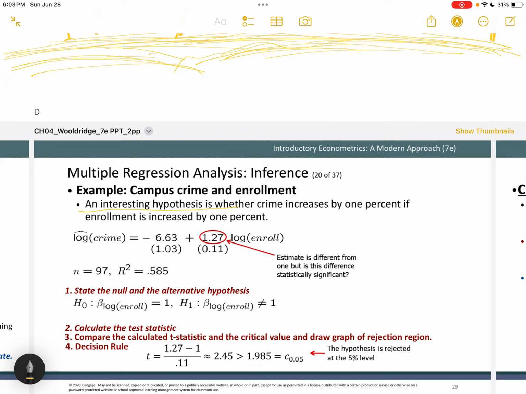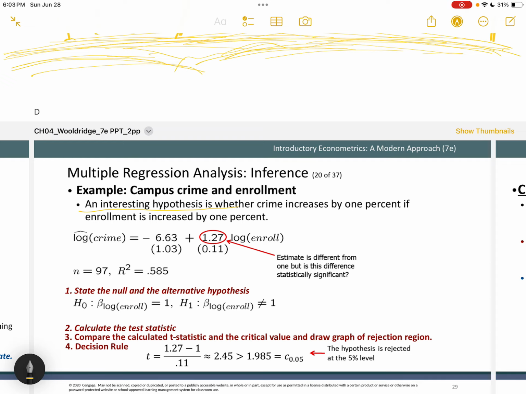So we are considering an interesting hypothesis: whether crime increases by 1% if enrollment increases by 1%. So we use the log. The log allows us to say for every 1% increase in enrollment, crime increases by 1.27%. It allows us to have that interpretation.